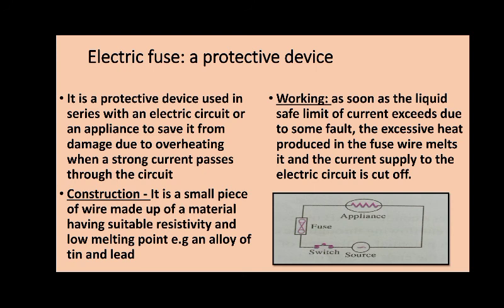And when it melts, the connection is lost, and the current supply to the electric circuit is cut off. So the appliance is saved from a strong current. So here is the circuit diagram where we show that the fuse is used in series.